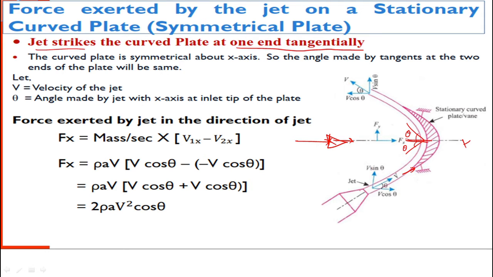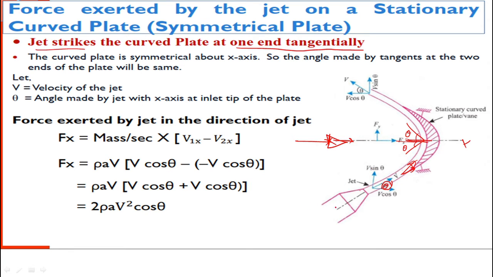So definitely the jet will make some angle, and that is equal to theta, the same as the deflection angle. Why is it the same? Because the jet is impacting the plate tangentially.